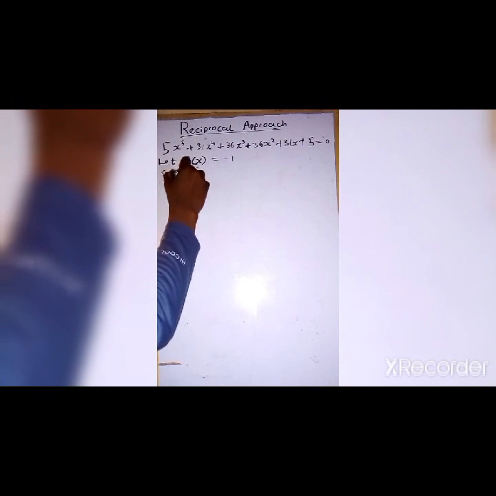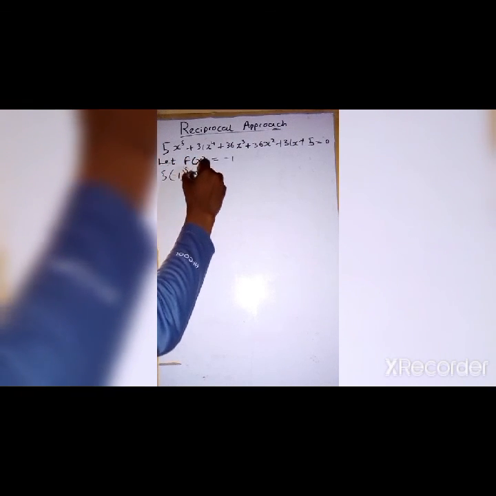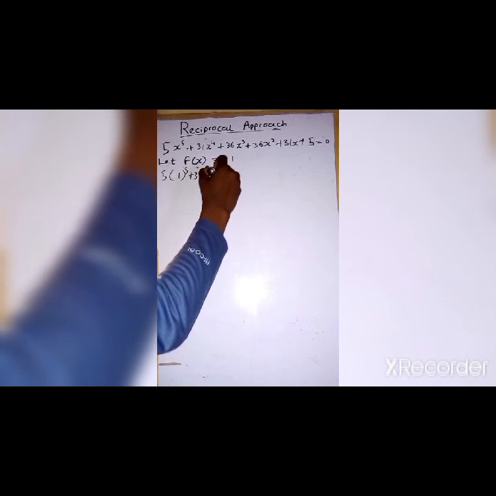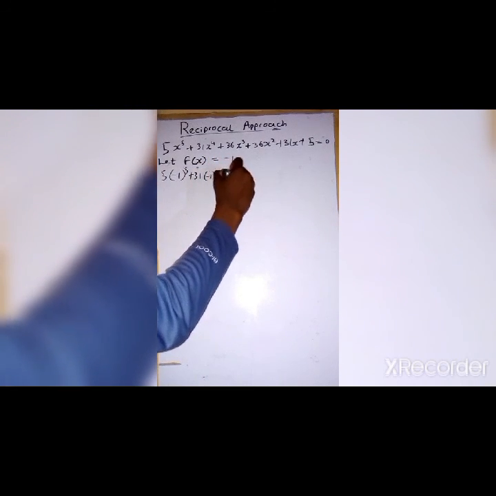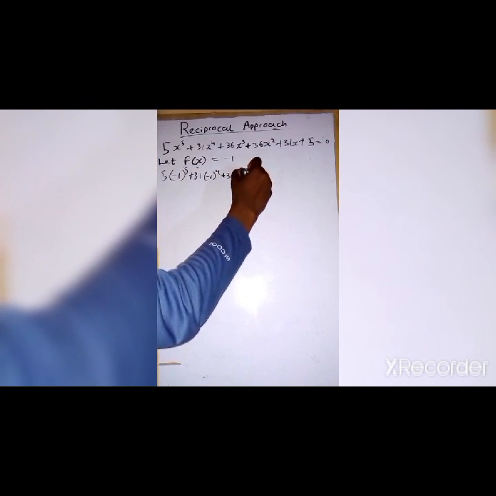We now have 5 into bracket minus 1 raised to power 5 plus 31 into bracket minus 1 raised to power 4 plus 36 into bracket minus 1 raised to power 3 plus 36 into bracket minus 1 squared plus 31 into bracket minus 1 plus 5. So if it is equal to 0, we can say x equals minus 1 is a factor.